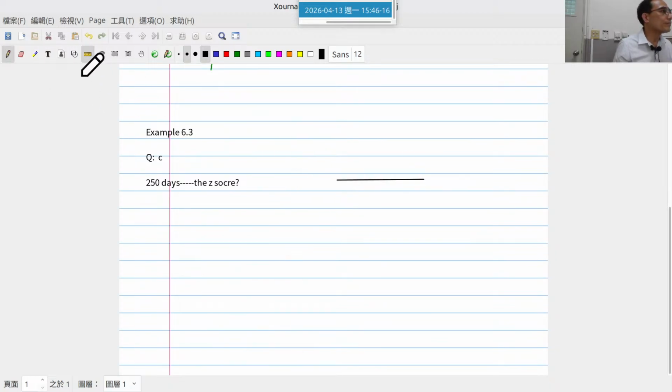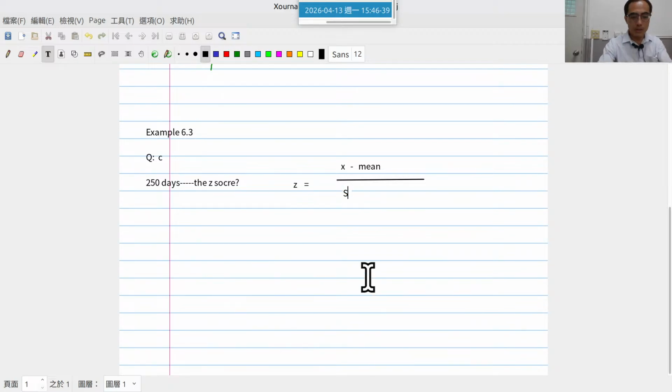The z equals the x minus the mean, divided by sigma, by the standard deviation.